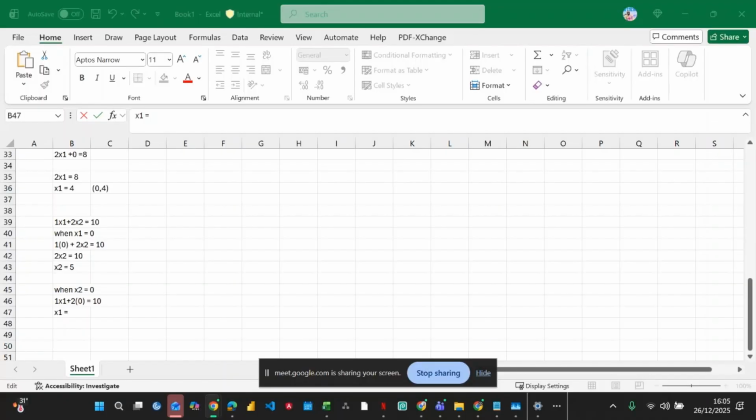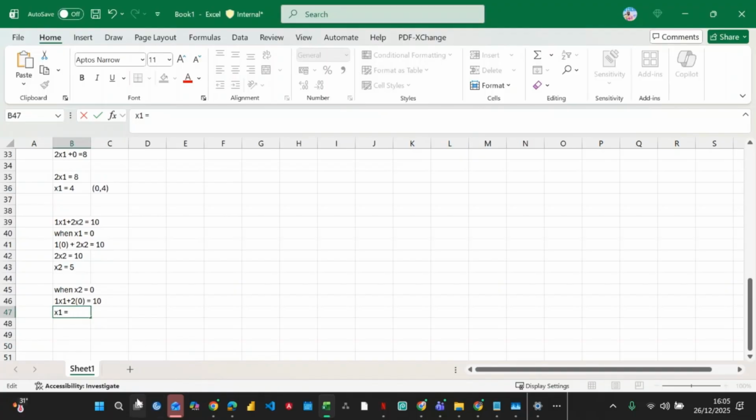Okay, so I was asking, in this equation, when x2 equals zero, what is going to be our x1? It's simple now, this is a simple equation. When our x2 is equal to zero, our x1 is going to be 10.